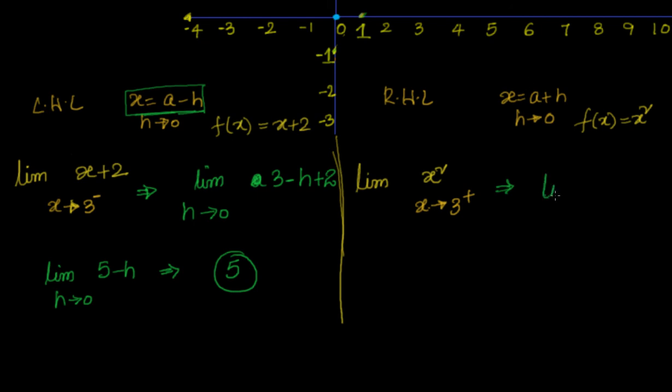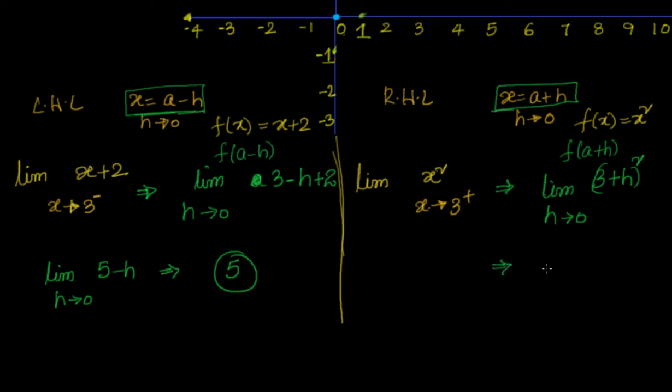Now this is nothing but equal to limit of x is nothing but here a plus h. So can I say a is 3? Can I say 3 plus h whole square as h tends to 0? Because we know in this case x equal to a plus h, I have to put. So f of x is nothing but equal to f of a plus h. Here it is nothing but equal to f of a minus h.